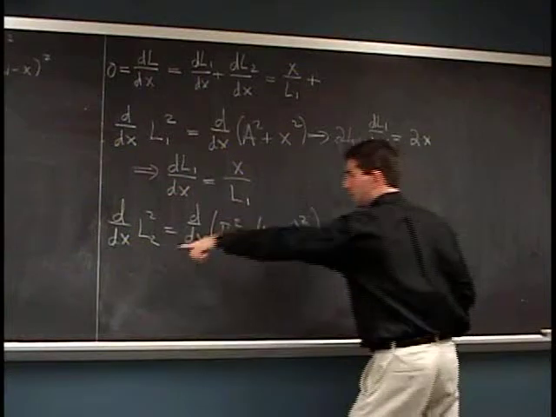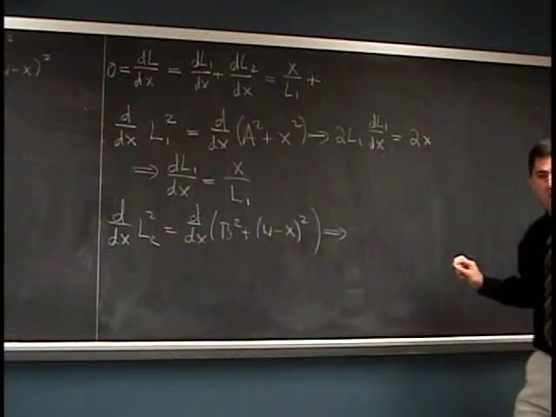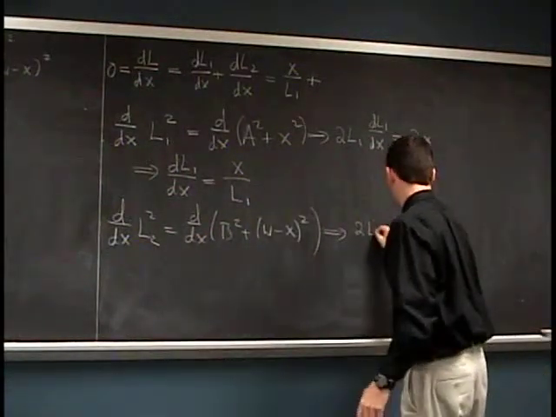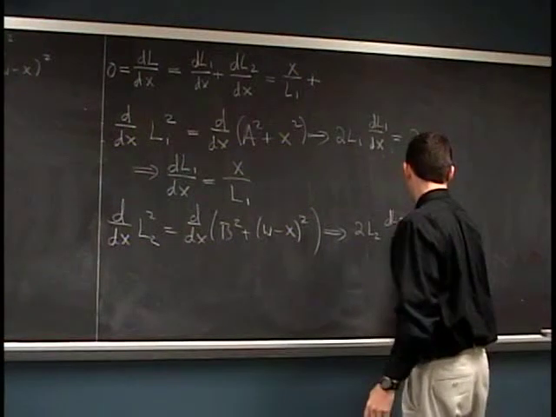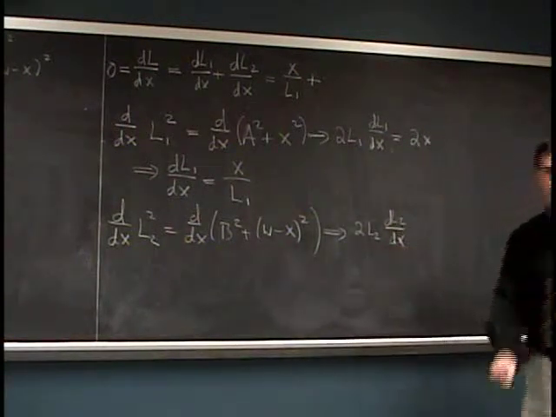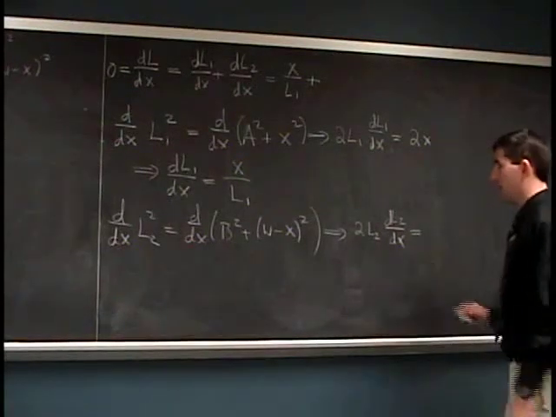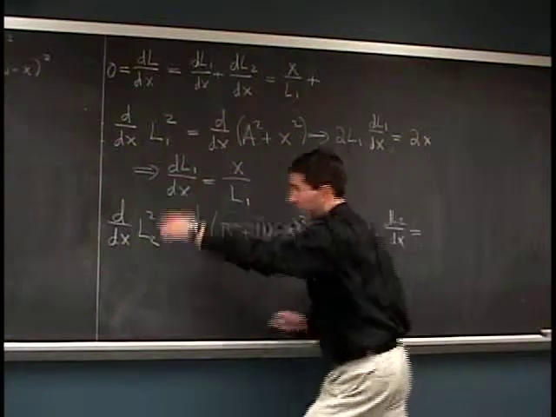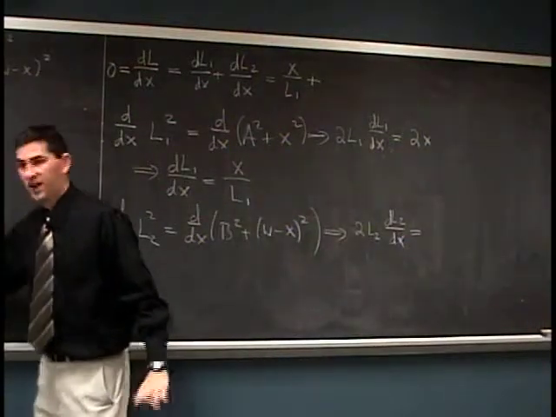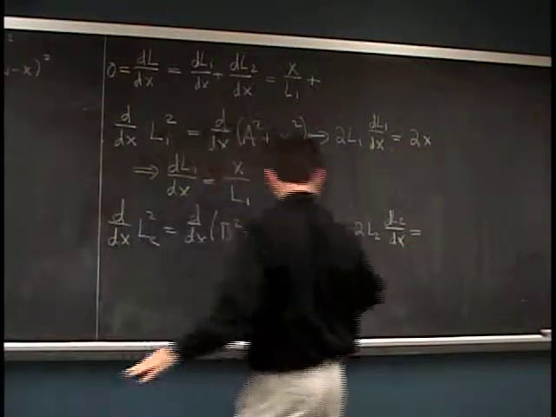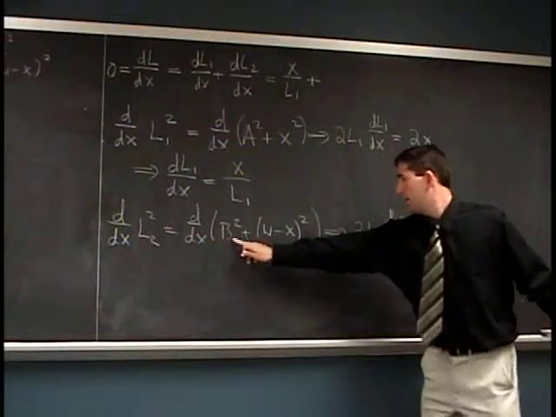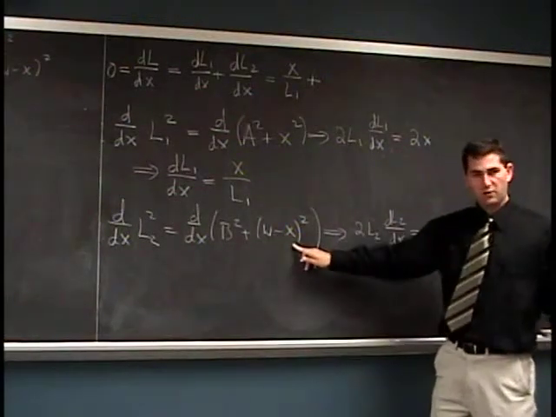On the left, it's the same thing, 2L2 dL2, exactly the same as with L1. I have to use the chain rule on it because L1 and L2 are both functions of X. And on the other side, again, B is just the distance from the river to the town. That doesn't change. That's a constant. The derivative is 0.